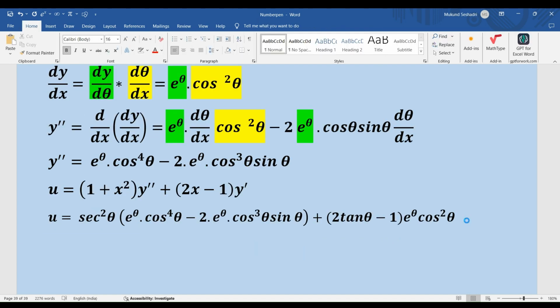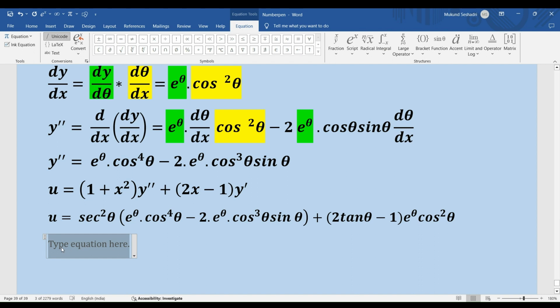So my first term is equal to secant square theta into cos to the power 4 theta, right? Means that I'm left with e to the power theta into cos square theta, right? With respect to the first part of the expression. Why is that? Because my secant square is nothing but 1 by cos square, right?